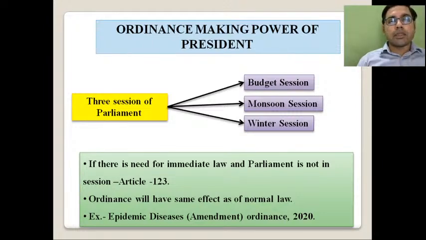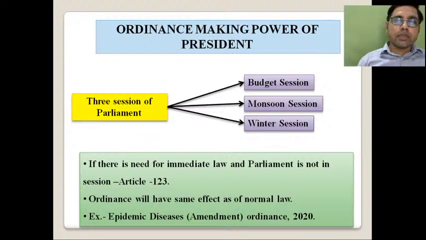Many times it happens that Parliament may not be in session. So for your understanding, generally the Indian Parliament meets in three regular sessions: budget session, monsoon session, and winter session. There can be some special session also, to transact some special legislative business, when convened by the President.